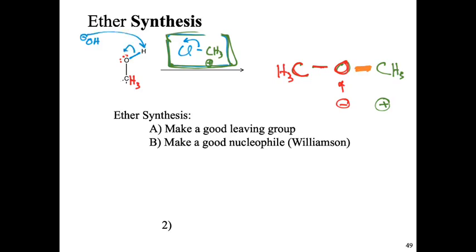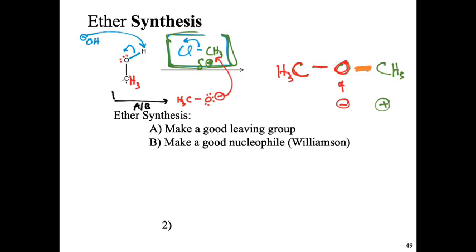What kind of reaction should I run first? I need to run an acid-base reaction first. That acid-base reaction is going to get me my CH3O negative. That can now attack my partially positive carbon. Is OH a good choice?